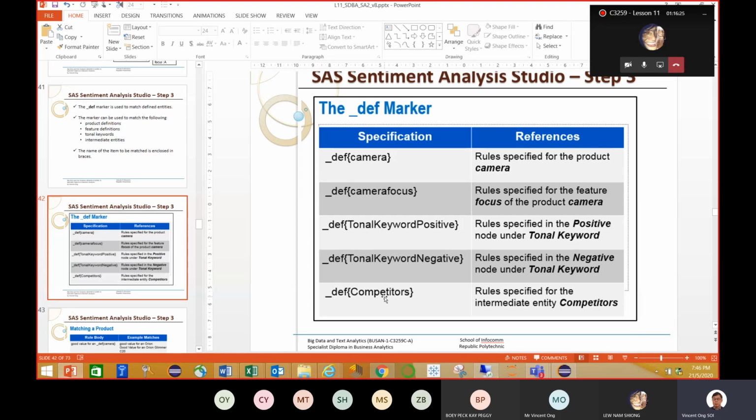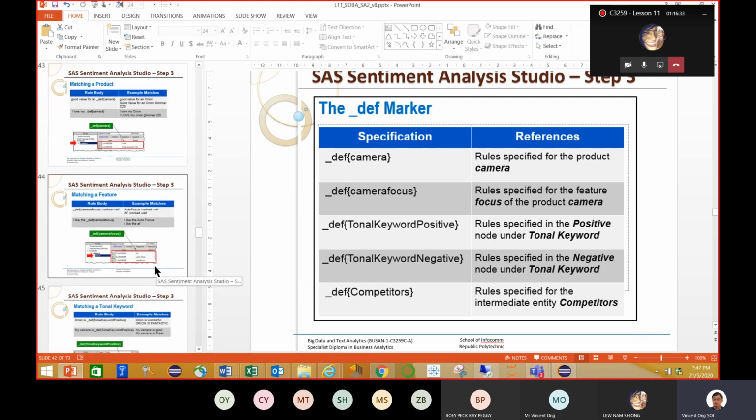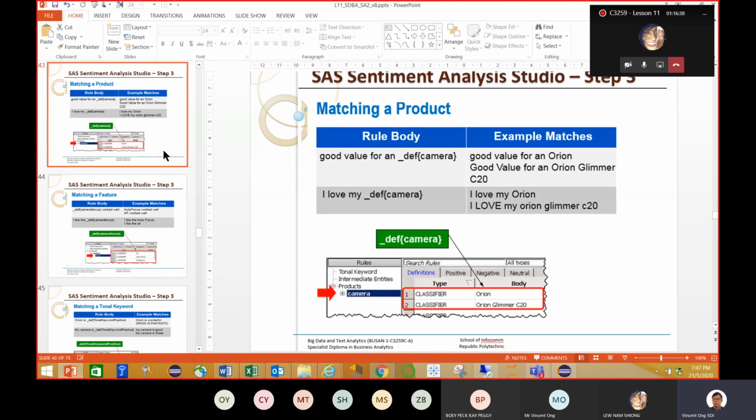Remember, tonal keywords are applied to the whole corpus. I think I've gone through this a few times.